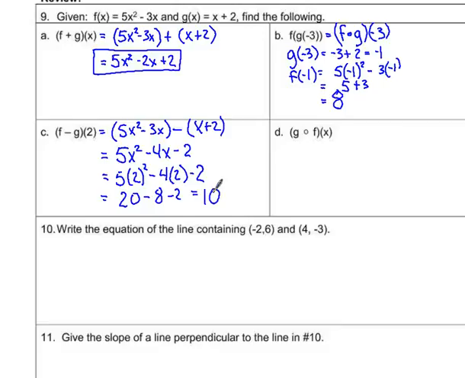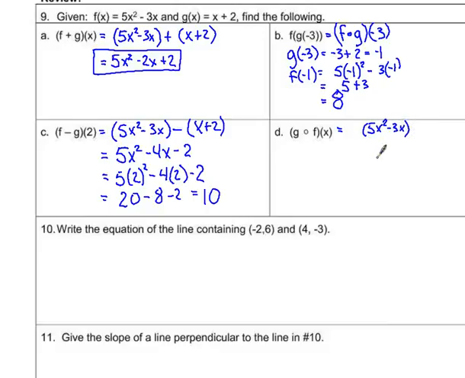Problem 9D. This reads g composite f evaluated at x. What we're going to do is plug the function f of x into the function g. So the function f of x is 5x squared minus 3x.